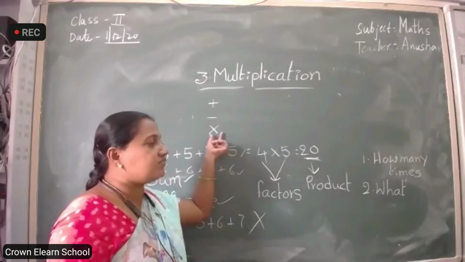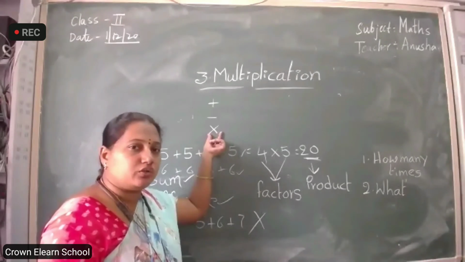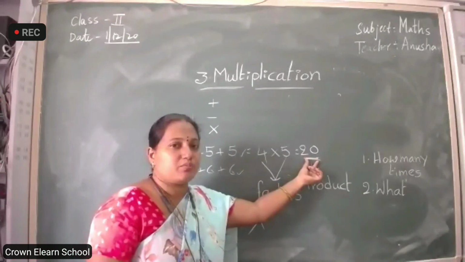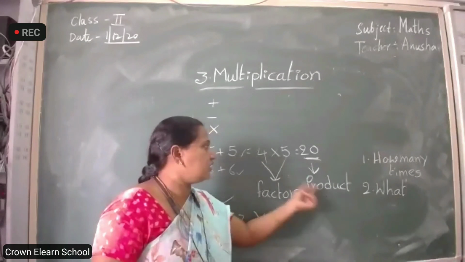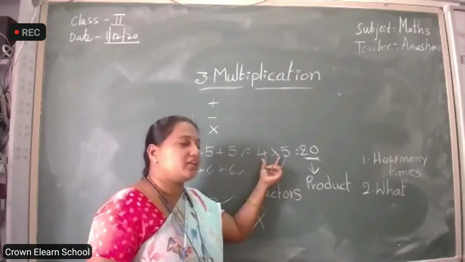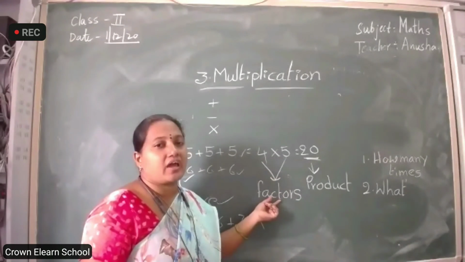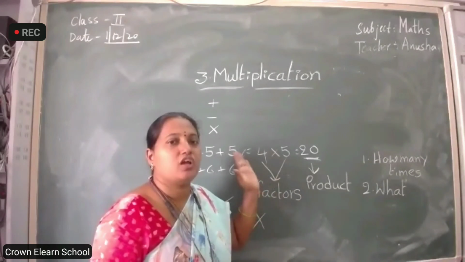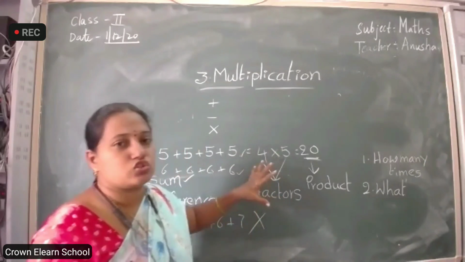What is the sign for multiplication? Into. What is the answer in multiplication? Product. The numbers we are multiplying are called factors. This is the introduction regarding multiplication. I will give notes tomorrow.